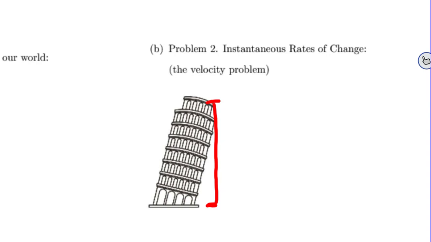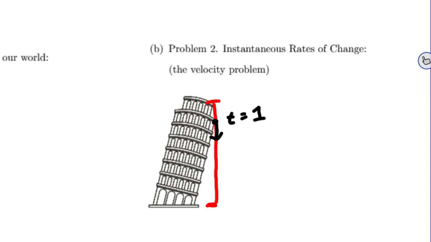We can always come up with the average rate of change. We can always find the average. And we'll review how to do that in just a moment. We can always compute an average rate of change, but my question to you is, after this ball has fallen for 1 second, at t equals 1, how fast is that ball traveling?